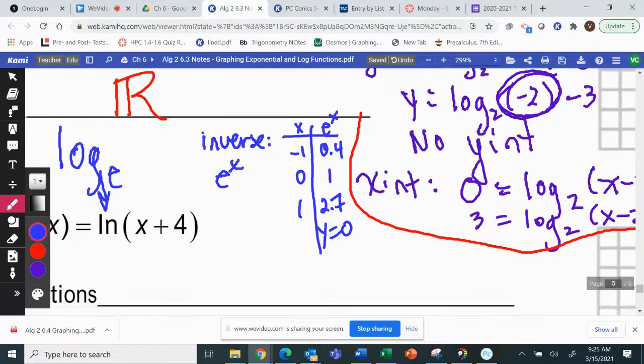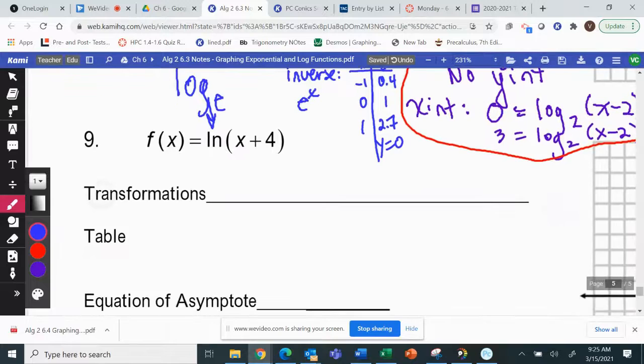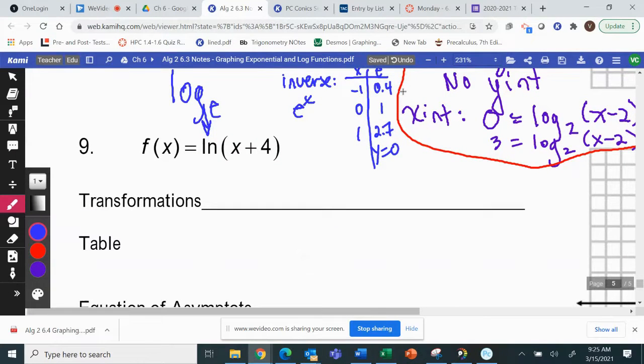It's logarithmic, so I'm going to take those points and switch them. And my asymptote becomes x equals 0.